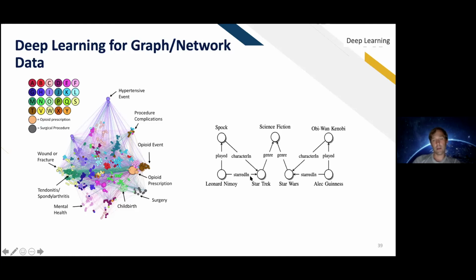This is another example, a mock-up from the movie world. It's meant to show what a knowledge graph would look like. You have these nodes representing names or entities, and then some particular relationship that links the nodes together.